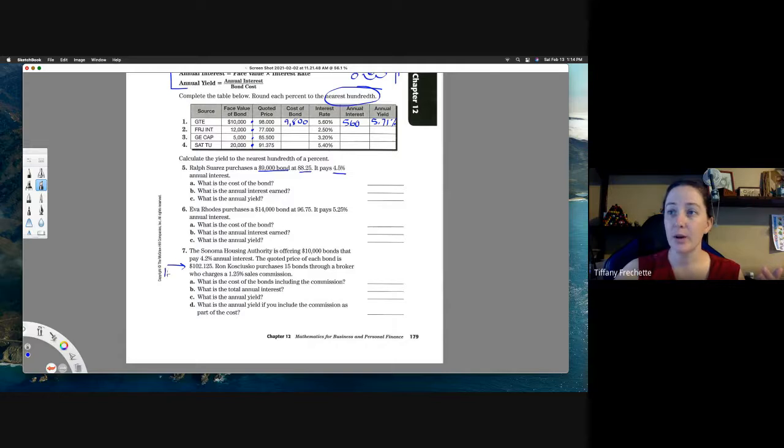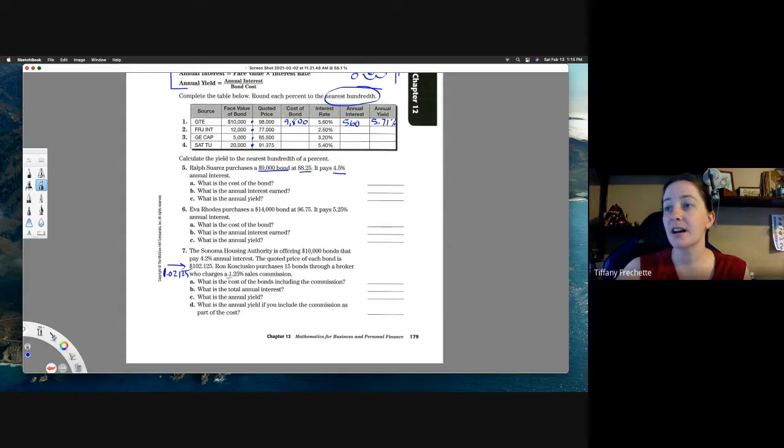So you really get 1.02125. So you're paying the full dollar and a little bit more. So you're actually paying more than the face value on this one, because it's over 1 or over 100. So Ron Kazazuko purchased 15 bonds through a broker who charges a 1.25% sales commission.